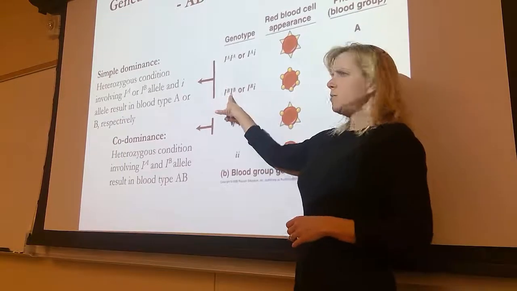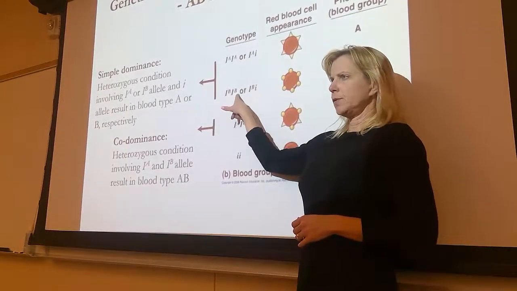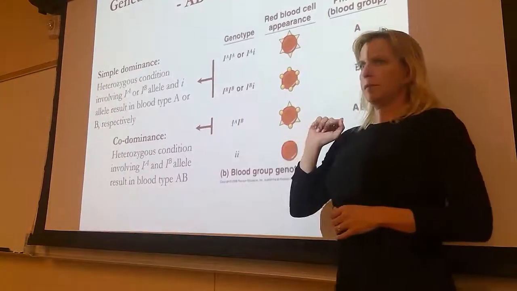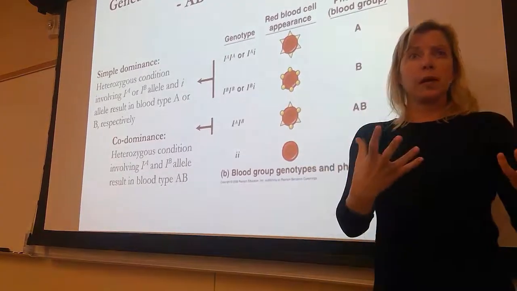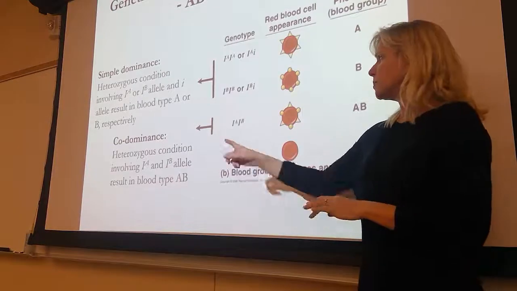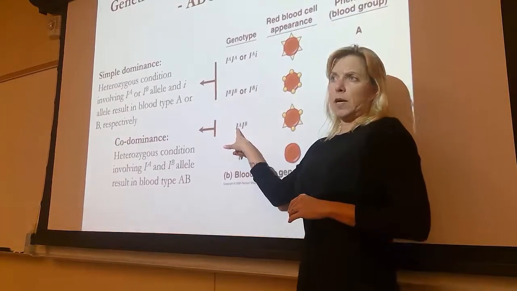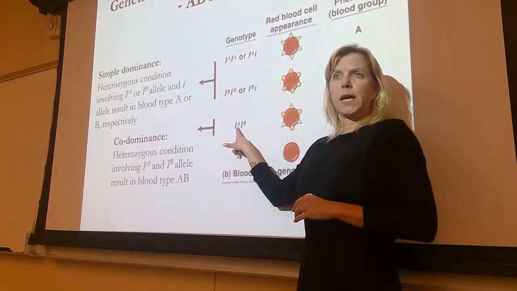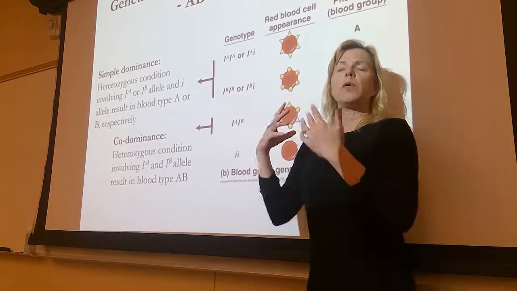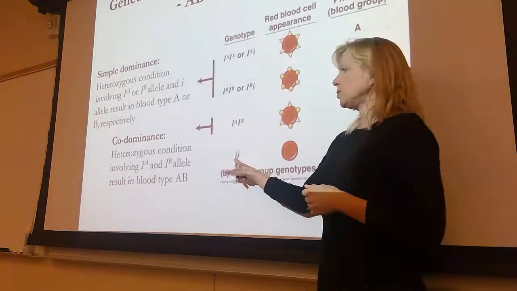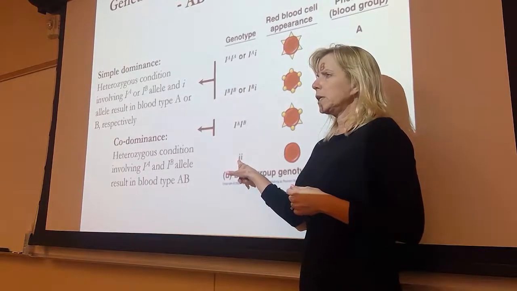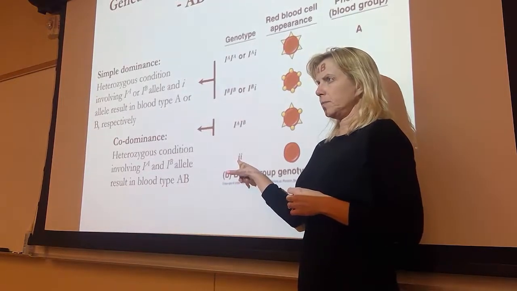If you're blood type B, you can be homozygous or heterozygous. If you are blood type AB, as shown in my previous example with the 2 homologous chromosomes, this is your genotype. Superscript A, superscript B, both are expressed. If you're blood type O, this is your genotype, 2 lowercase i's.